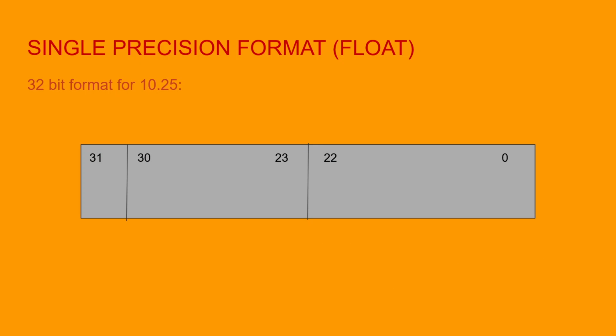Now let's try to plug in all those values that we extracted in the previous slide. So the sign bit is a 0 since we are dealing with a positive number. The exponent that we calculated was 130, which was a hex 82, which in binary is 10000010.